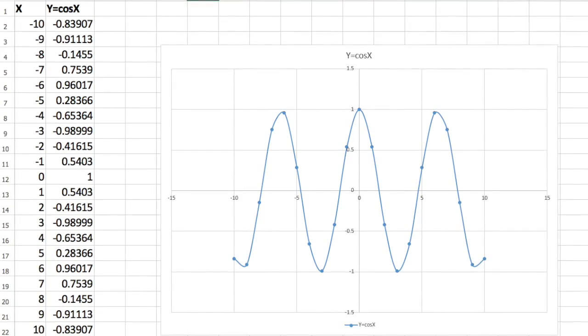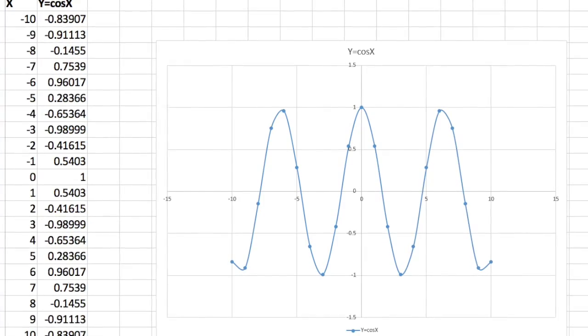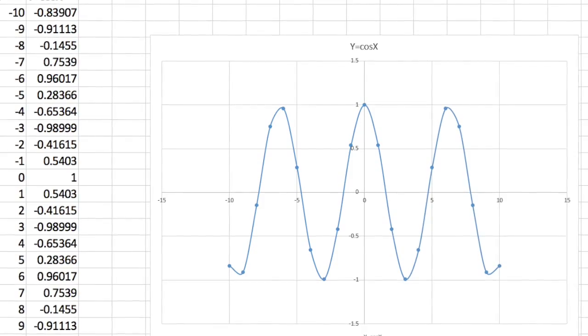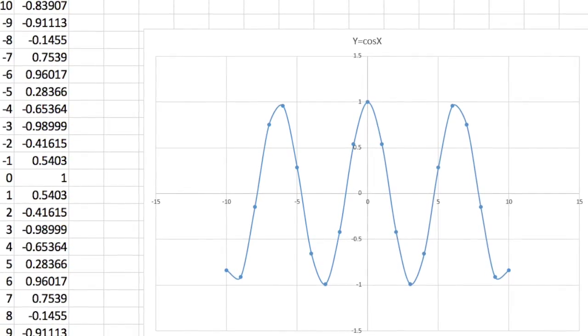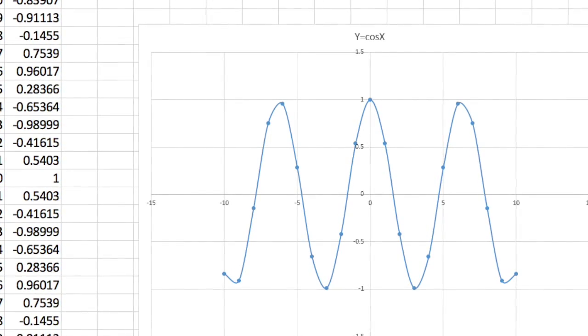Starting with cosine x, if I use the values of x that I've used up to now, of -10 to 10 in steps of 1 radian, then the graph we get is somewhat irregular, and that's because there really are not enough points on this graph to plot the curve accurately.